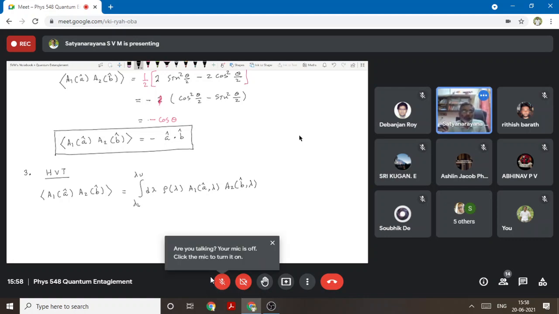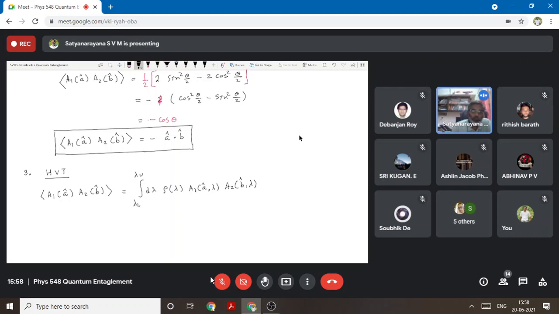Now note that, what will be A2 of A of lambda?